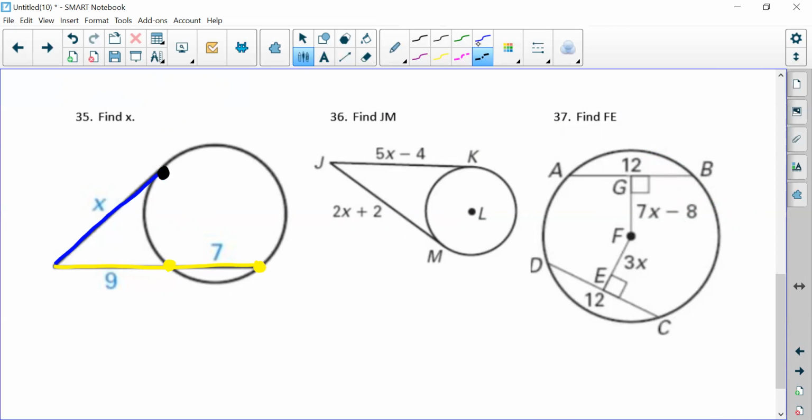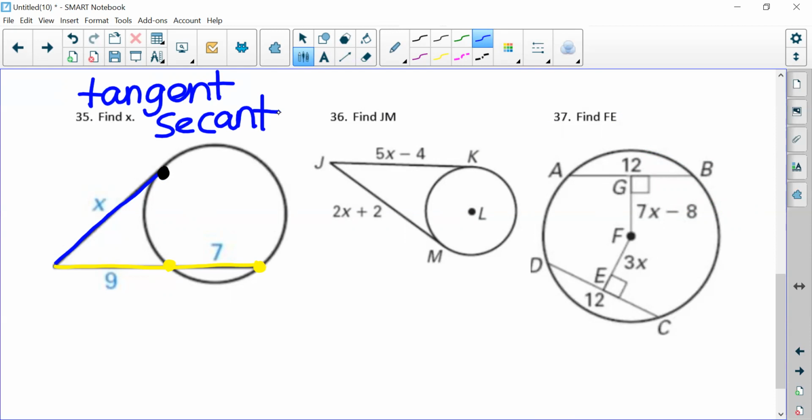Which means we're gonna have to use our formula for tangent secant segments. Have to use our formula for tangent secant, okay?